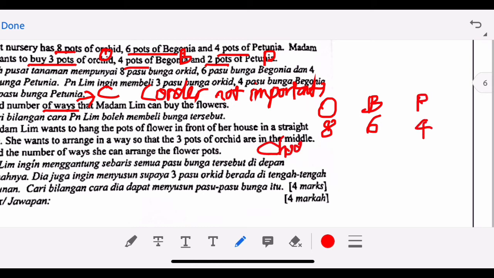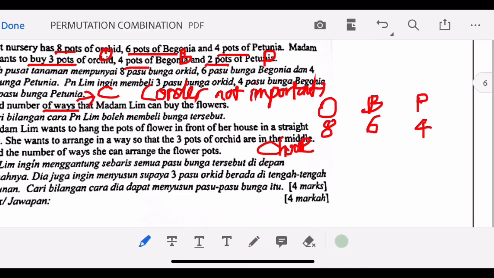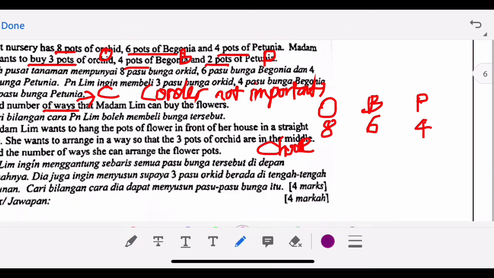Now we need to choose how many of the 8 orchids according to the question. Madam Lim buys 3 orchids, right? Then you circle 4 pots for begonia and 2 pots for petunia.